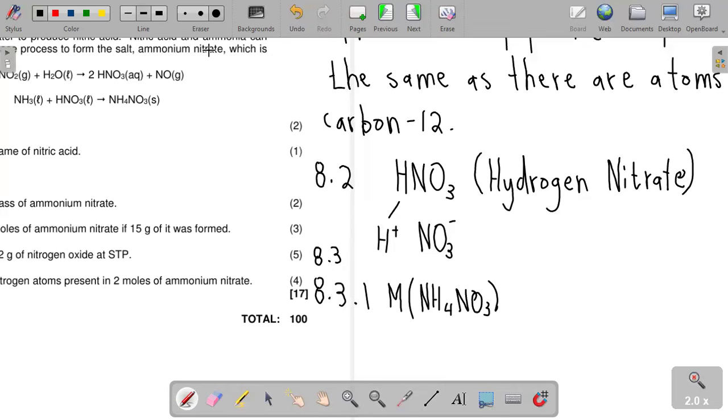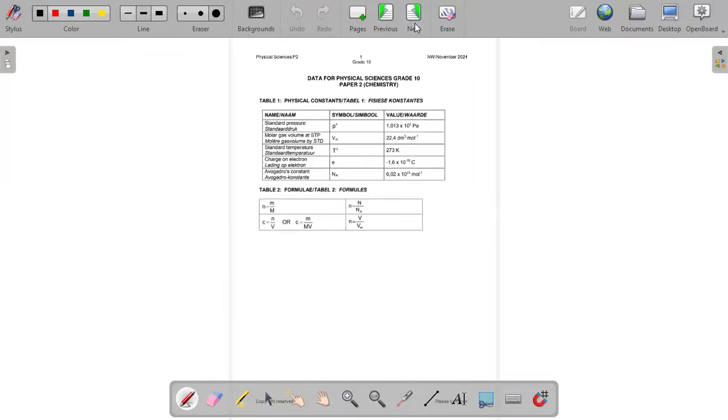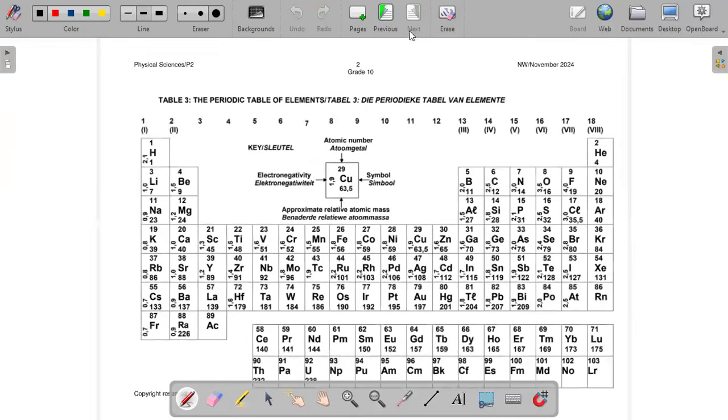We come to the periodic table here. So nitrogen is 14. There's 14 here. Then hydrogen is 1. Oxygen is 16.